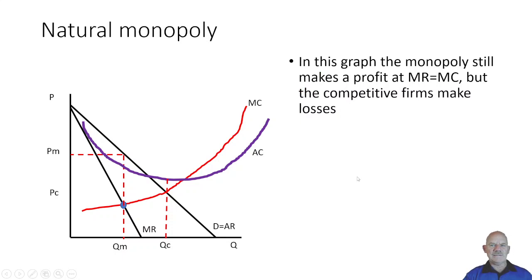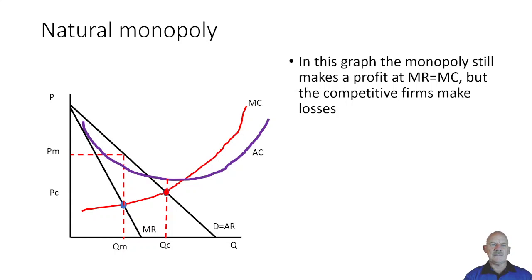So the monopoly still makes a profit when marginal revenue is equal to marginal cost, but the competitive firms will make a loss because at QC, where they maximize profits, they are actually not making a profit, they're minimizing losses, because to produce QC the cost is higher than the revenue.